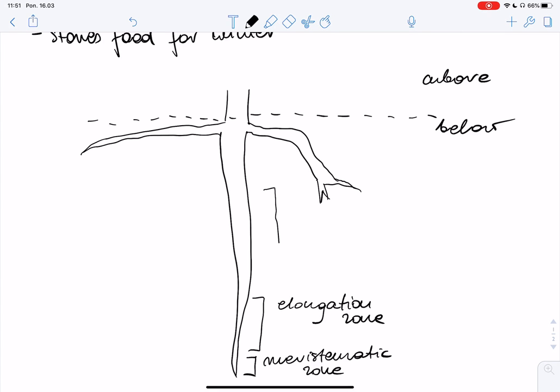And guys, the next part of a root is this weird, strange part where you have many tiny hairs. And those hairs are extremely important. This is the root hair zone, because this is the place where the plant can absorb the most water.